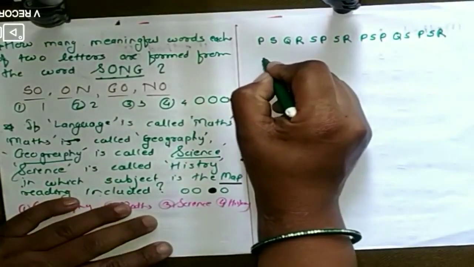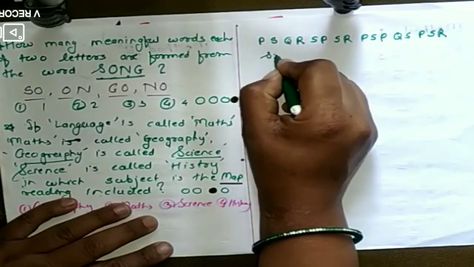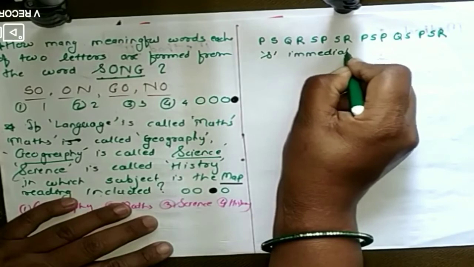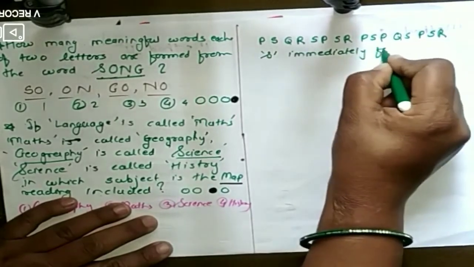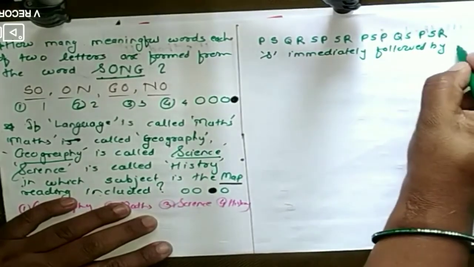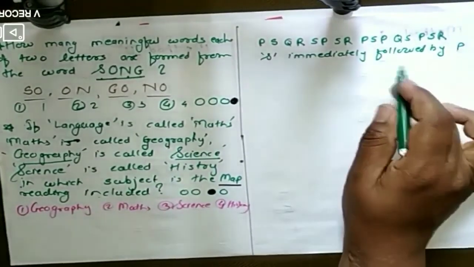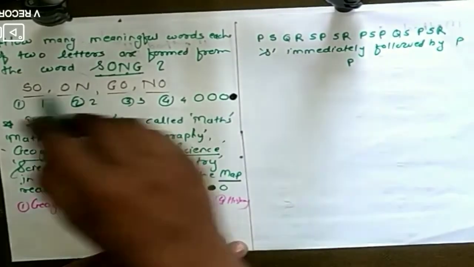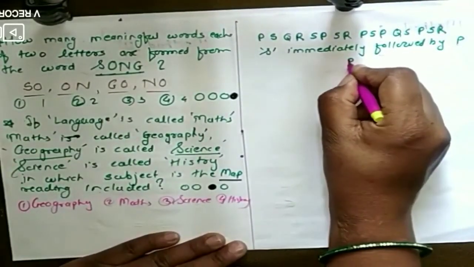Immediately followed by P. Followed means what? If S is immediately followed by P, then P is there.